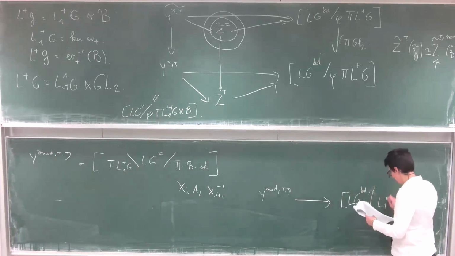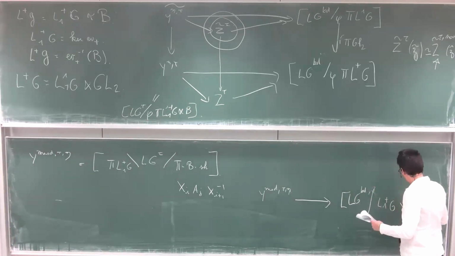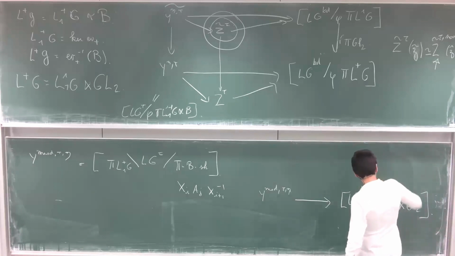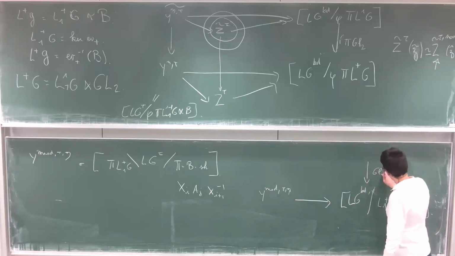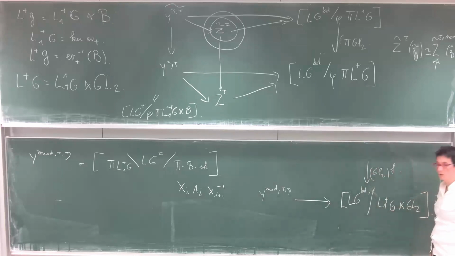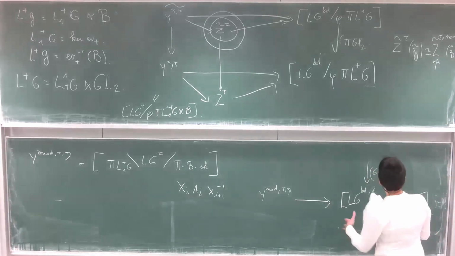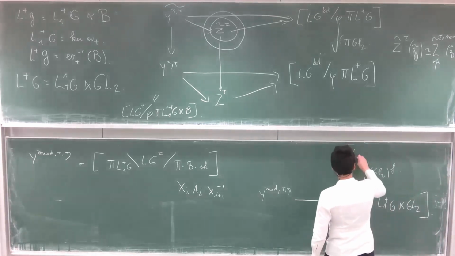And then plus G times G. So you have still your GL2 torsor.